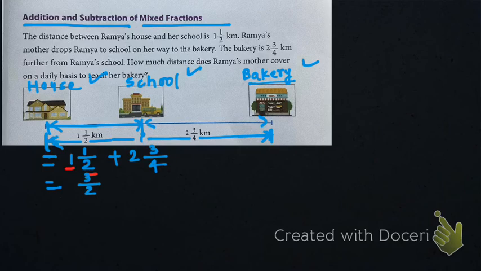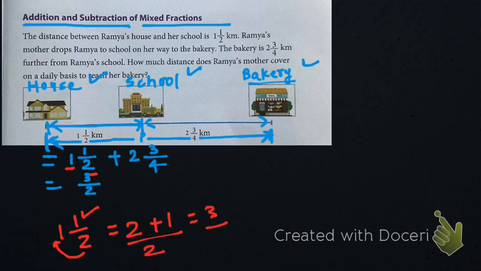How will you solve that question? Here you have been given 1 upon 2. First you will multiply this 2 by 1, so it will become 2. Then you will add this 1, so 2 plus 1 will become 3 in total. Divided by 2, so our answer will become 3 upon 2. Here I have written the same thing.